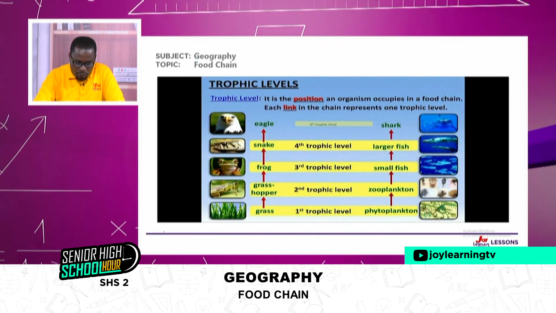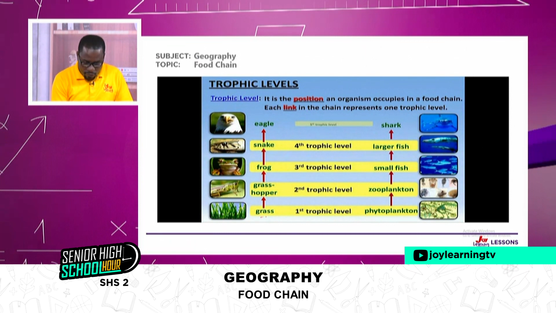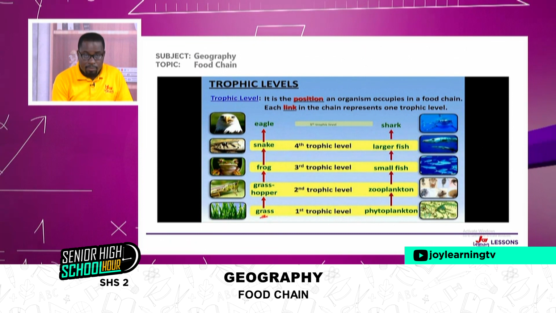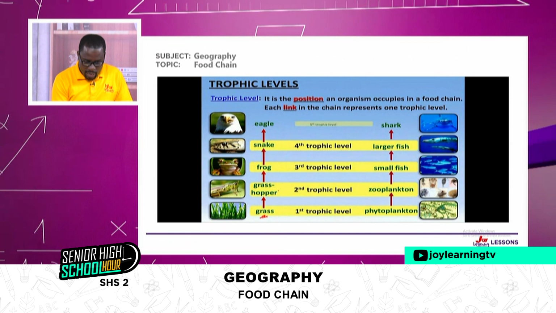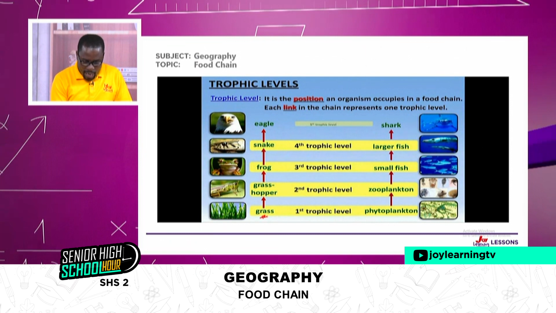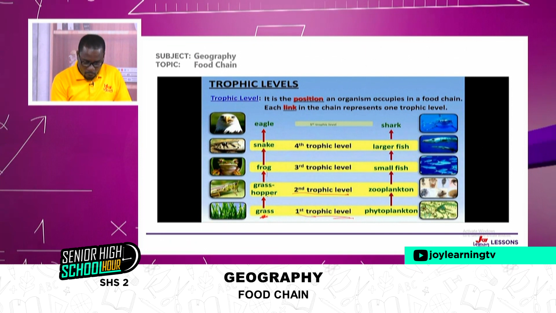Okay. Now, let's take these trophic levels. We have the primary producer, which is the grass. So the grass is on the first trophic level. Is that okay? Then the grasshopper, which is the primary consumer, is on the second trophic level. Then the frog, feeding on the grasshopper.